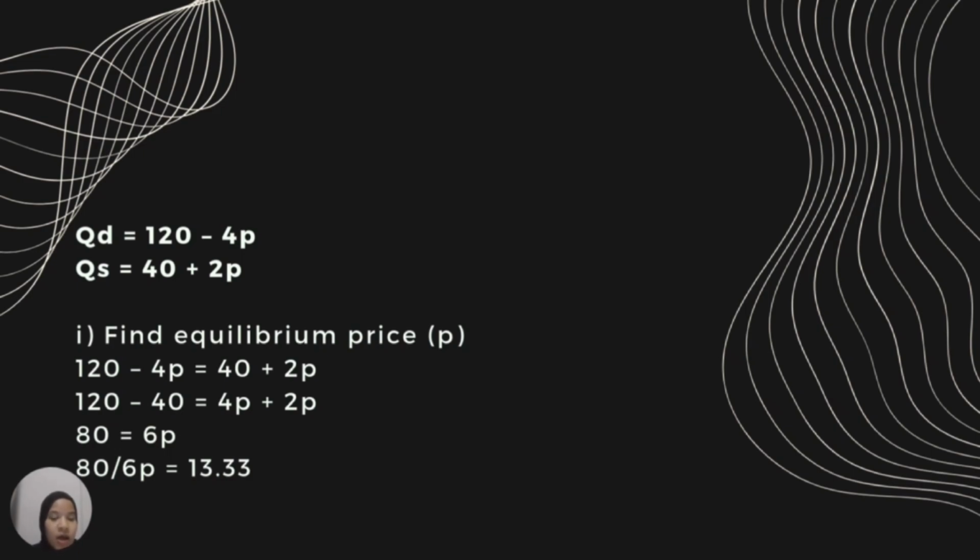The answer is 80 equals 6P. So 80 divided by 6 equals 13.33. So we find the price is 13.33.